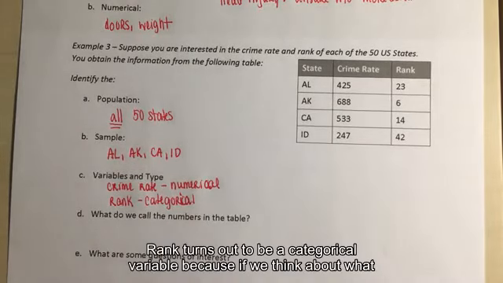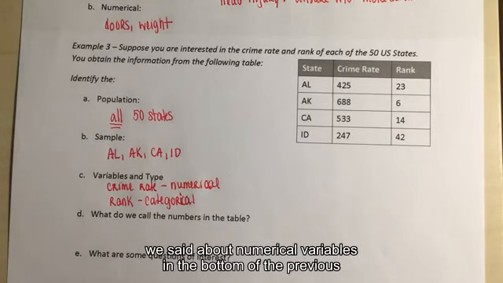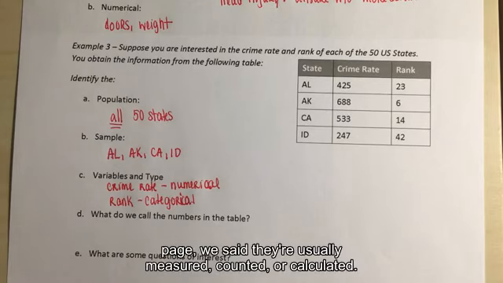Rank turns out to be a categorical variable because if we think about what we said about numerical variables at the bottom of the previous page, we said they're usually measured, counted, or calculated.